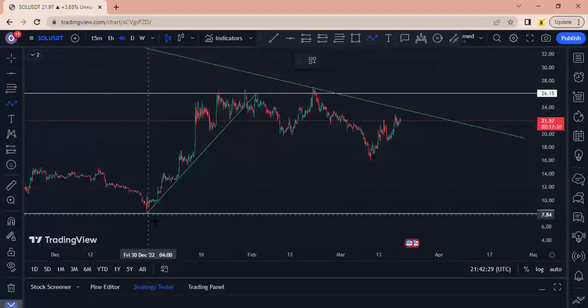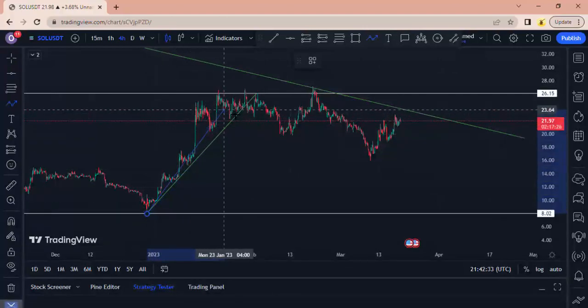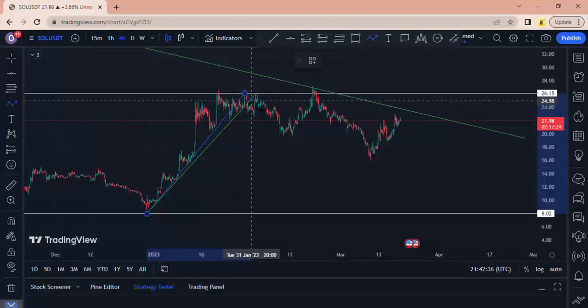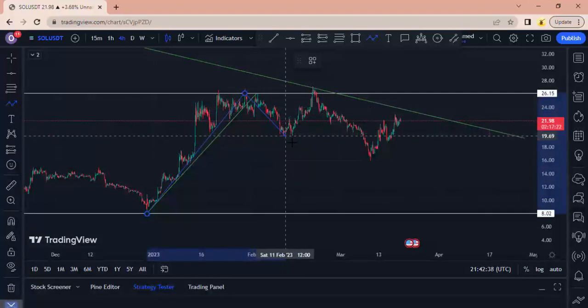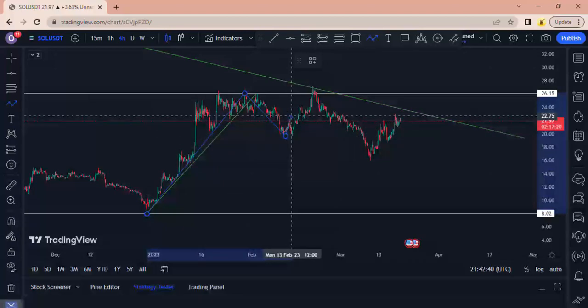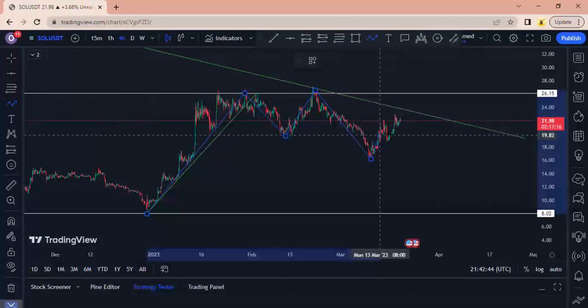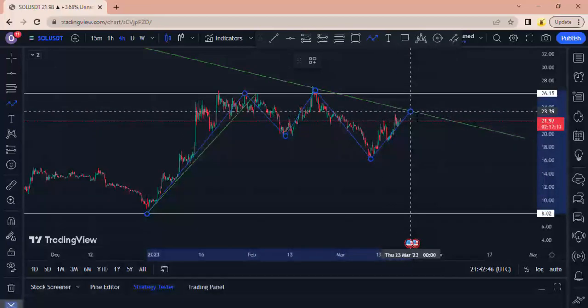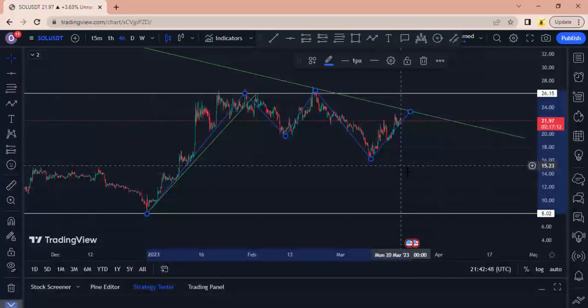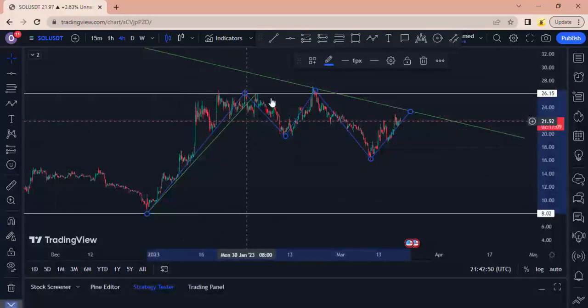From $8 where 2023 started, we saw a push, and then we came down, came up, came down, and now we're going up. I hope you get me. So this is quite easy. So this is the trend now.